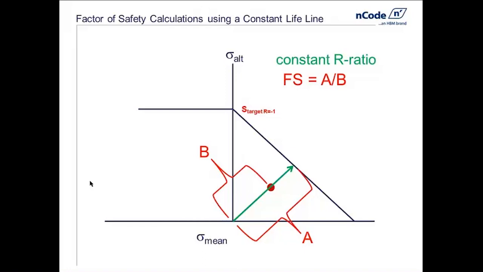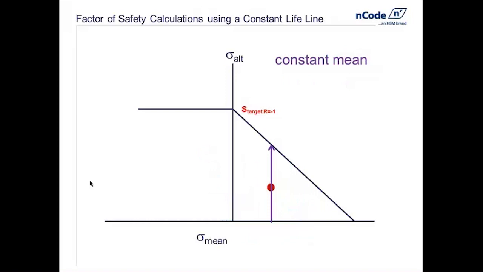There's a second way to calculate this factor of safety, and that is looking at a constant mean stress. This would be a condition where the mean stress is created by something other than the loads, possibly an assembly condition, something leaving a residual stress where the mean stress is pretty much independent of the loads applied. Here we look at the intersection with the constant life curve as a vertical line, again leaving a constant mean stress.